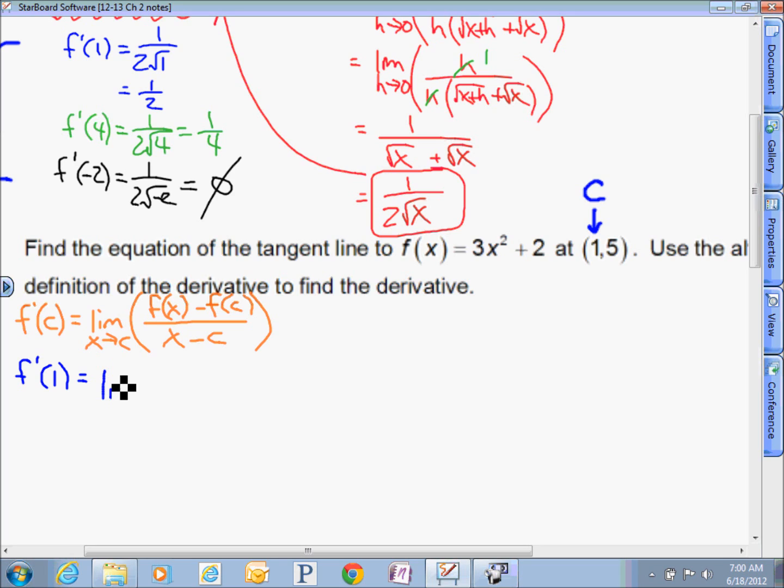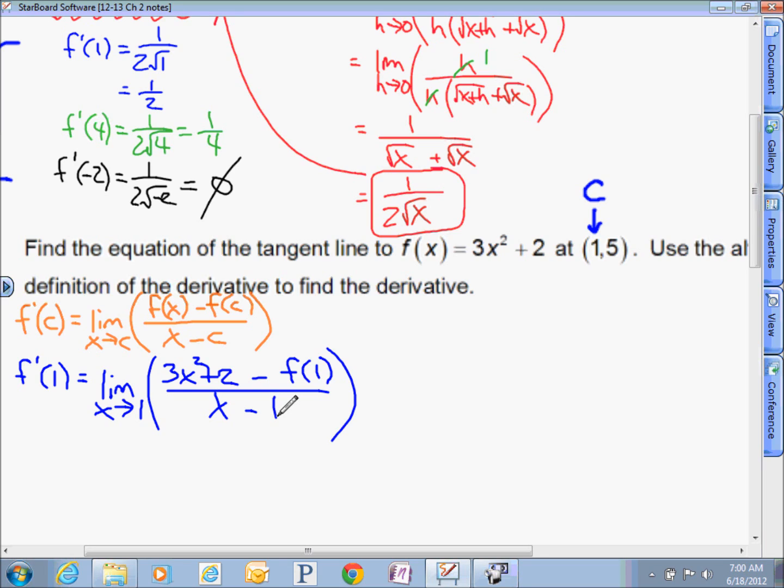So limit as x approaches 1 of f of x. Well, what's f of x? F of x is 3x squared plus 2 minus f of 1, all over x minus 1. So, well, what is f of 1? F of 1, let's see. Oh, wait a minute.